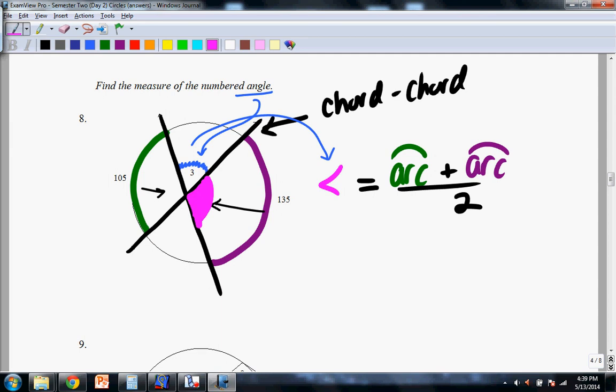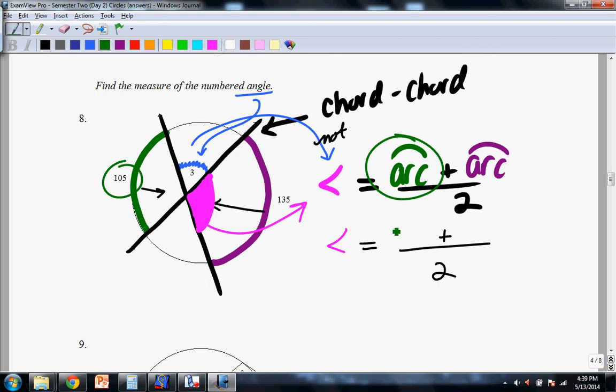But Miss Way, that's not the one we're trying to find. That's okay. Remember, always find what is easy to find. So we're going to find the pink. So that pink angle equals arc plus arc over 2. We plug and chug. One arc is 105.